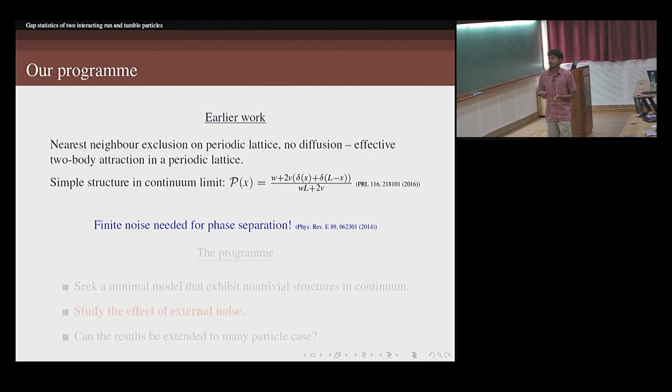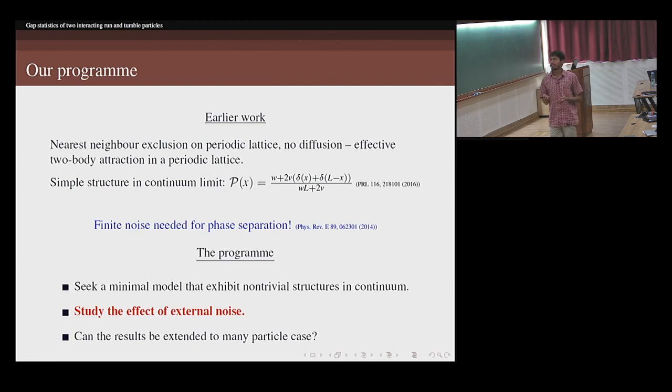So we ask what the minimal requirements in a model are to find some interesting structure, and whether the introduction of external noise helps in this regard. If we have interesting results, then we can extend them to the many-particle case.